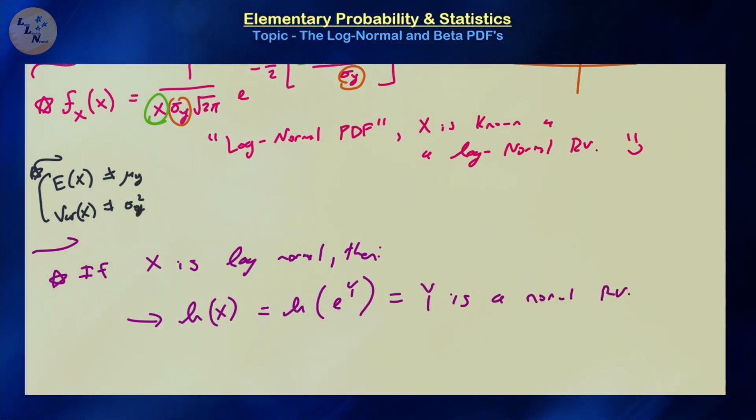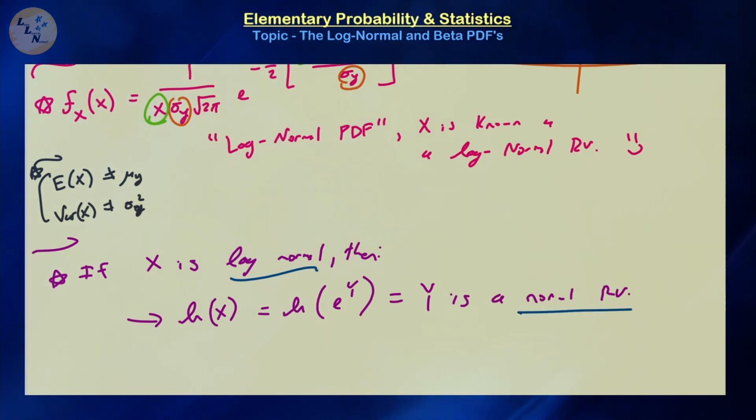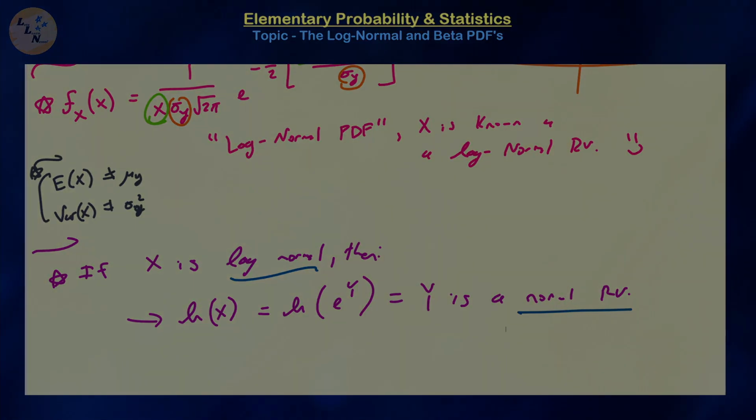So that means the natural log of a log normal random variable will always be a normal random variable, and the exponential of a normal random variable will always be a log normal random variable by definition. So that's pretty much the general connection between log normal random variables and normal random variables.